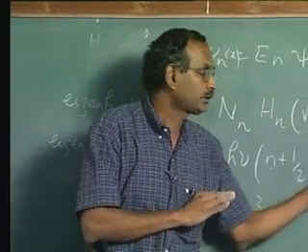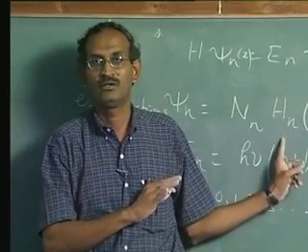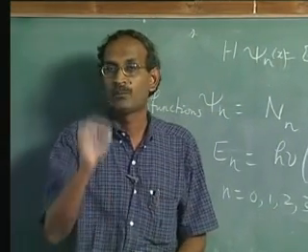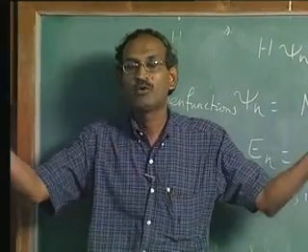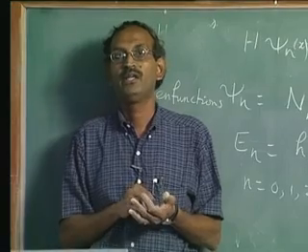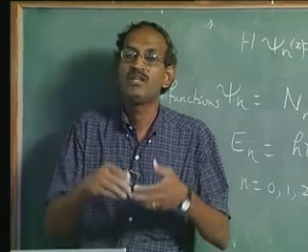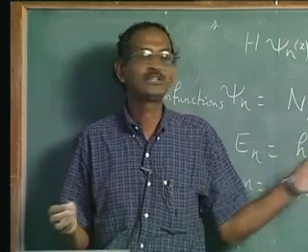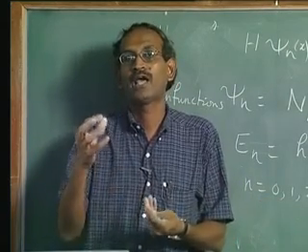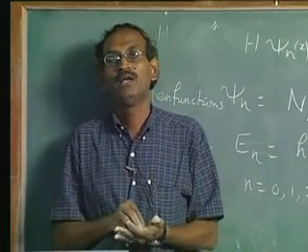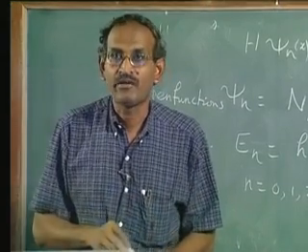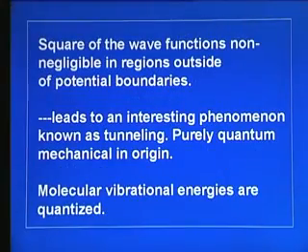So this function may have some roots, but apart from those roots, the wave function is never 0 throughout the boundary, that is even outside the potential boundary. It appears that the particle can be located even outside the region of what is called the classical potential boundary.